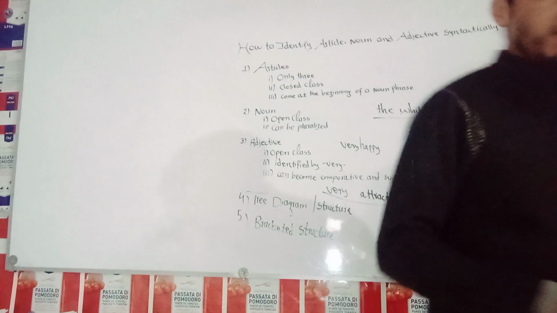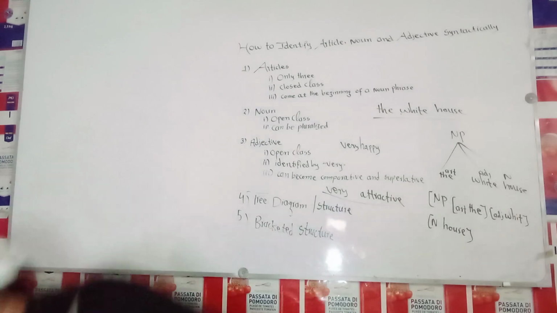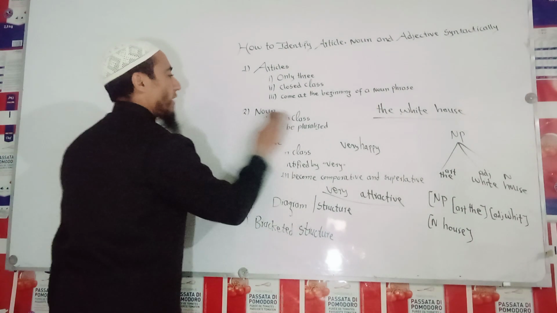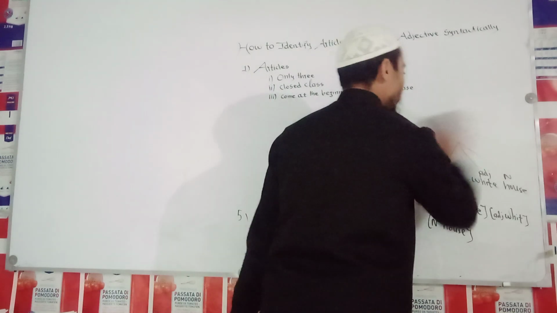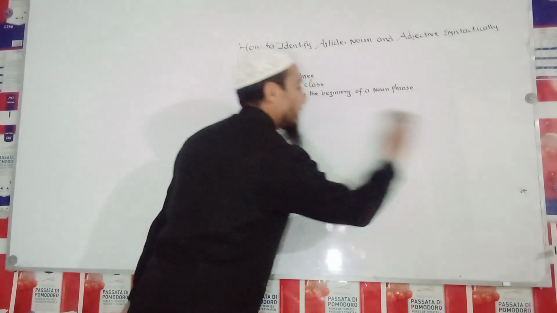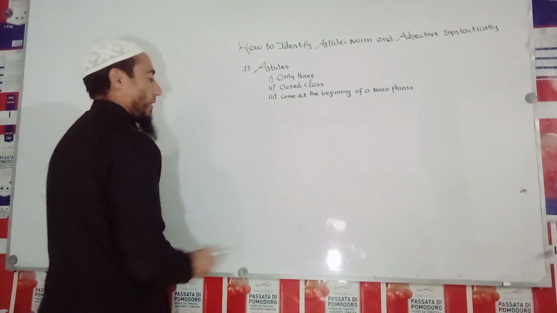Listeners and readers, another interesting thing is that let me draw a diagram for it, a syntactic tree diagram, and it is the easiest way for the identity of a complete sentence, particularly a phrase.